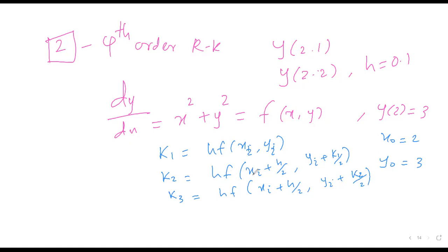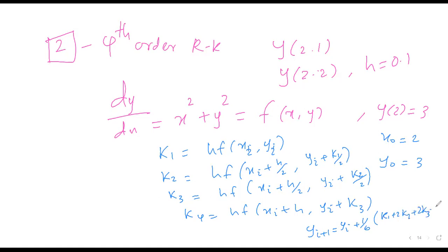So after finding the k2 only, you can find the k3. And k4 will be h f of xi plus h, yi plus k3. Okay, that's all. And then yi plus 1 will be yi plus 1 divided by 6 of k1 plus 2 k2 plus 2 k3 plus k4. Okay, that's all.